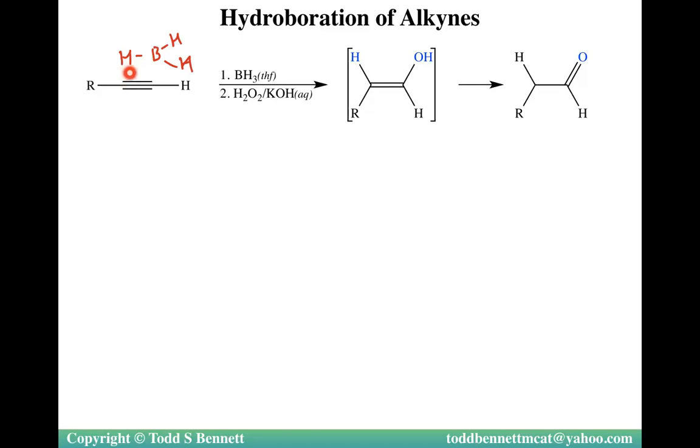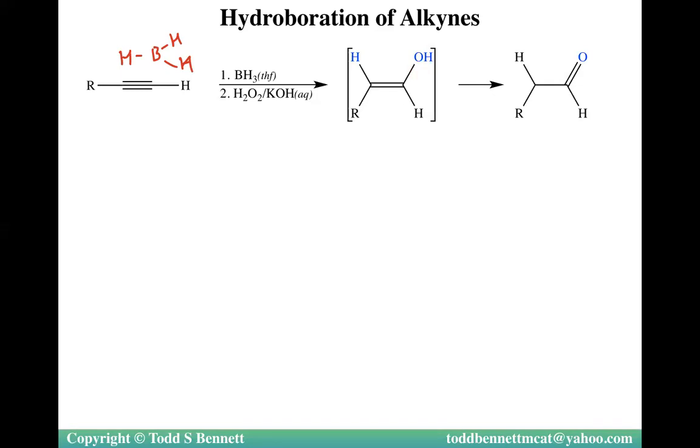So you'd end up with an H on here, and you'd end up with a BH2 here, which through an oxidation process, we'd oxidize the borate, and the bonds would migrate over from the B to the O. We'd end up with hydroxide here.